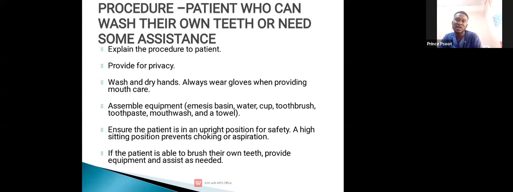Assemble equipment like the emesis basin, the sputum mug, water, cup, toothbrush, toothpaste, mouthwash, and towel. Ensure that the patient is in an upright position for safety, as a high sitting position prevents choking or aspiration. And if the patient is able to brush their own teeth, provide equipment and assist as needed.